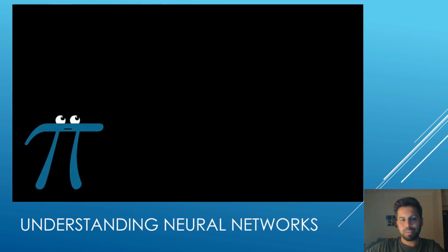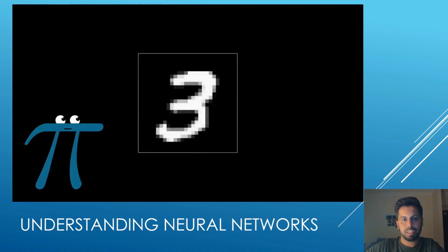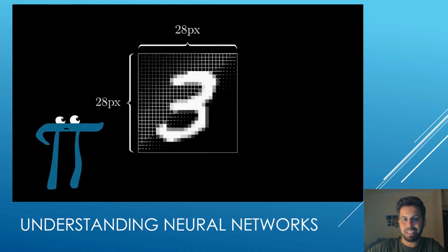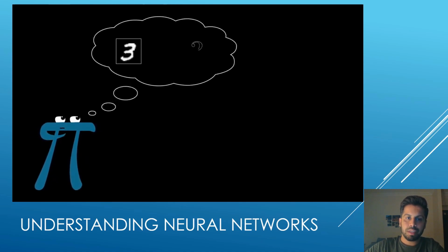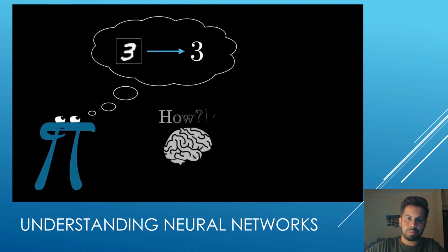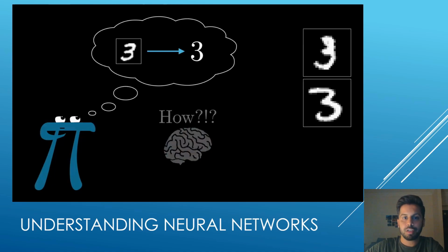So let's have a recap of what neural networks are. Let's write a 3 in a 28 by 28 pixel grid. Our brain is able to distinguish it specifically as a 3, and it can do so even if we write this 3 in a different fashion.